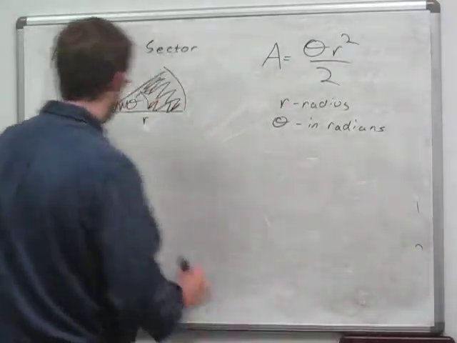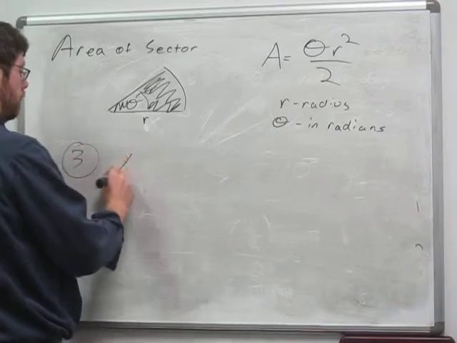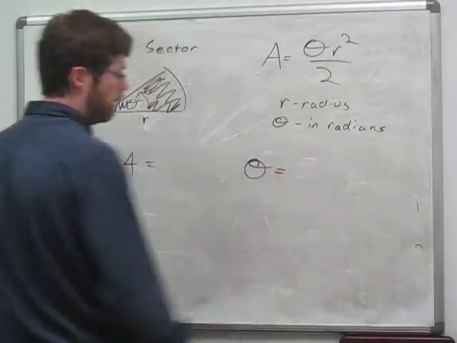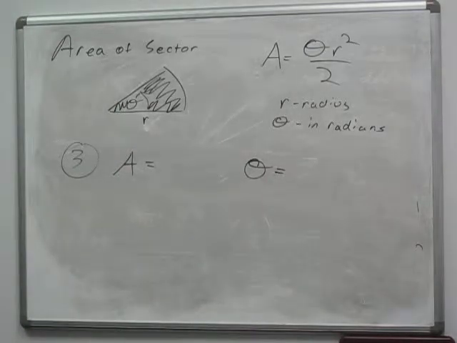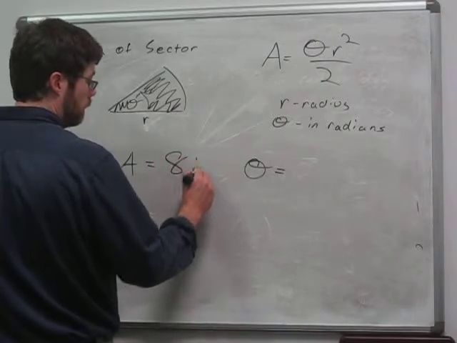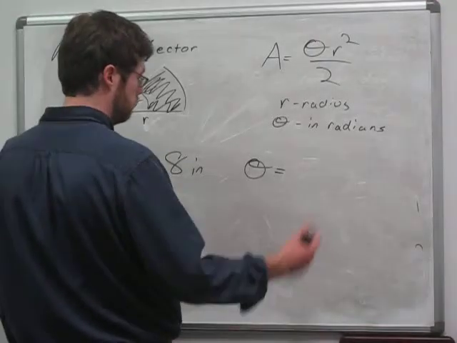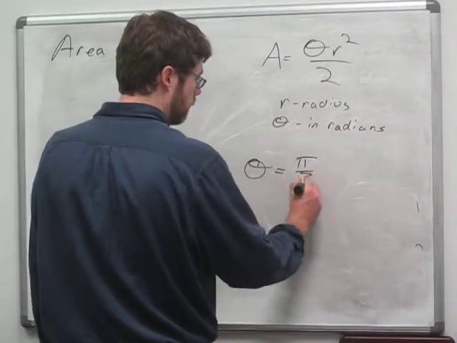Problem 3, we change things up a little bit. We're going to be given an area and an angle. We want to find the radius. So let's say that the area is 8 inches, and let's say we have an angle of, let's go pi over 3 radians.